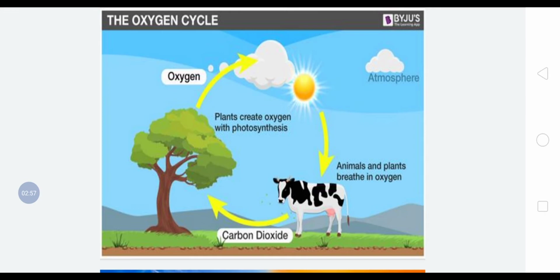When we inhale oxygen we exhale carbon dioxide, which is used by the plants in the process of photosynthesis, and hence the balance is maintained in the air between oxygen and carbon dioxide.